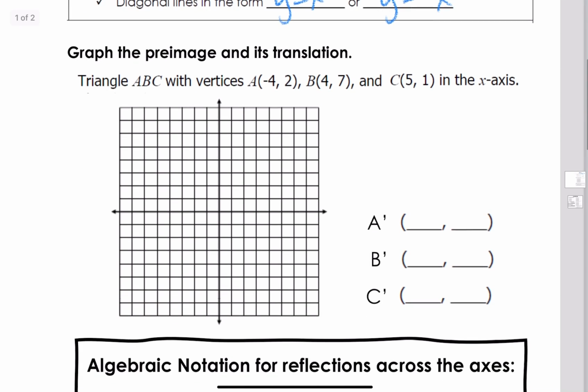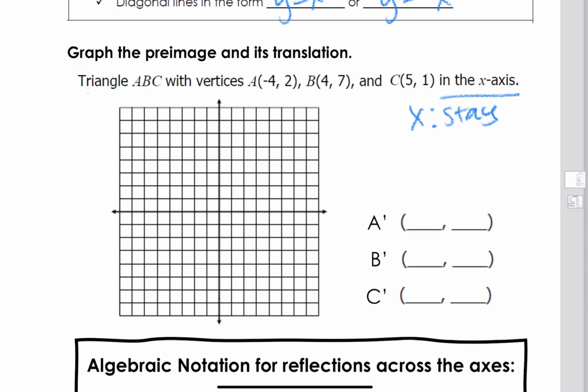So this next problem, we are going to graph the pre-image and its reflection. We've got triangle ABC with vertices A at -4, 2, B at 4, 7, C at 5, 1, and it's going to be flipped over the x-axis. If it's over the x-axis, then your x is going to stay the same.